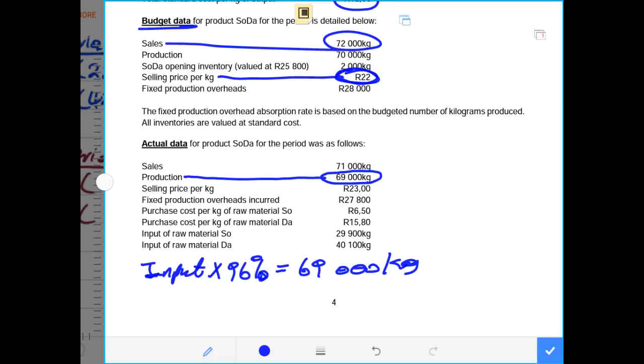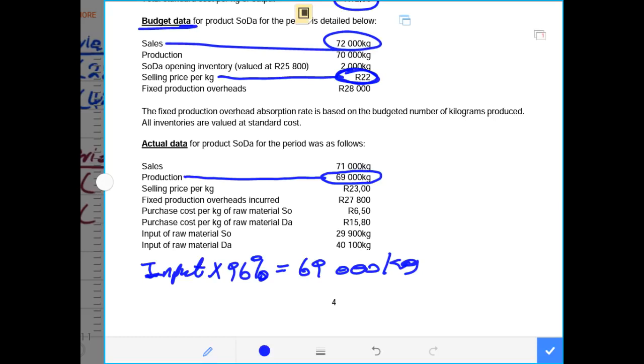Why? Because 4% of what we introduce, or 4% of the kgs that we start with, becomes a normal loss. So now the output becomes 96% of what we introduce, meaning our output or our yield is 96% of the input. Therefore, the 4% is the normal loss.